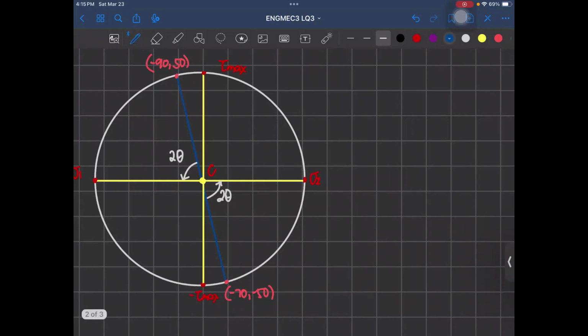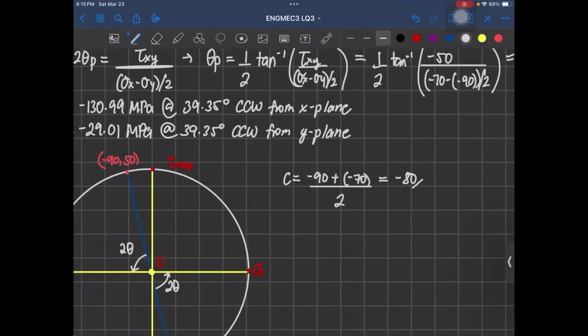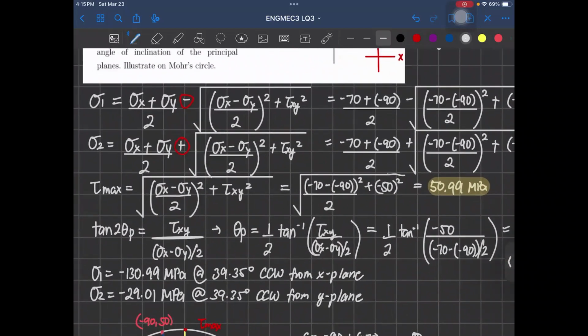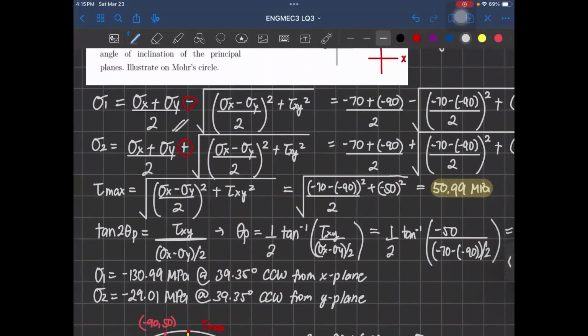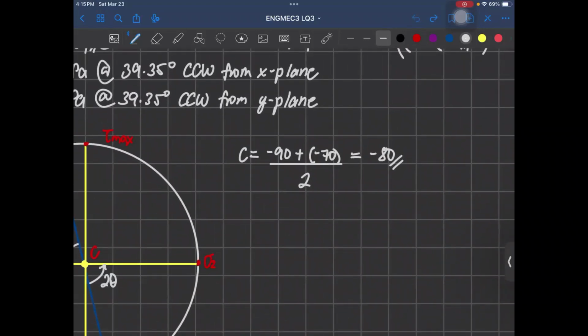So the center is equal to -90 plus -70 over 2. That's equal to -80. And take note that this value is also taken from the first component of your sigma 1 equation. So that's where it is derived from.